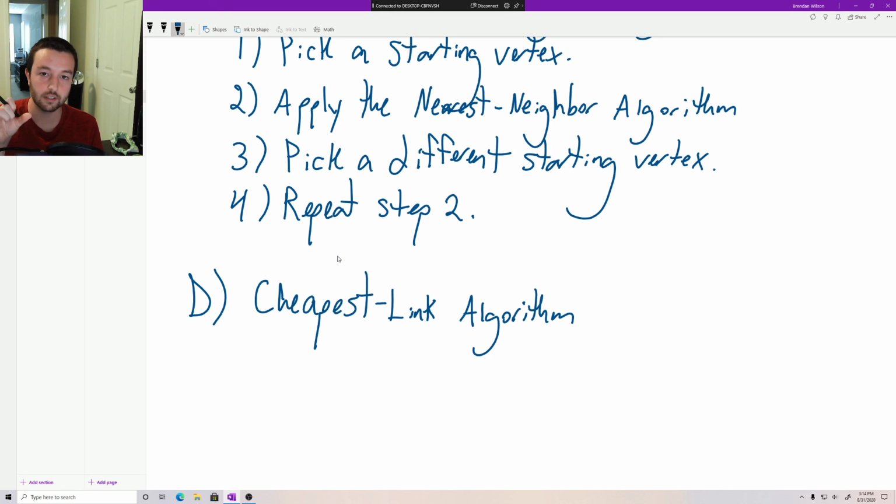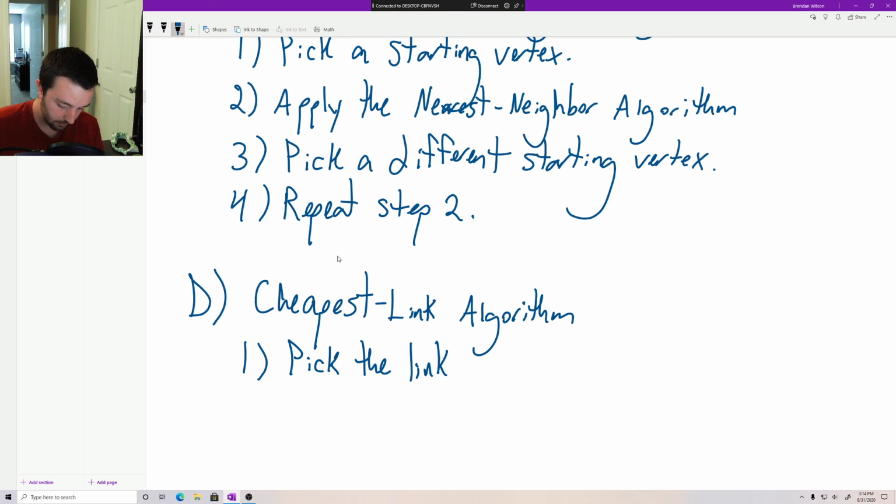We're just looking at the different distances and looking at what's the shortest one. Okay. So pick the link with the smallest weight.